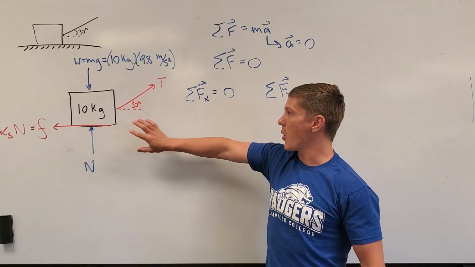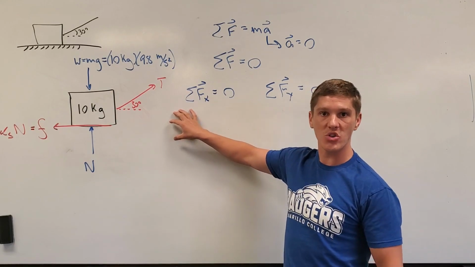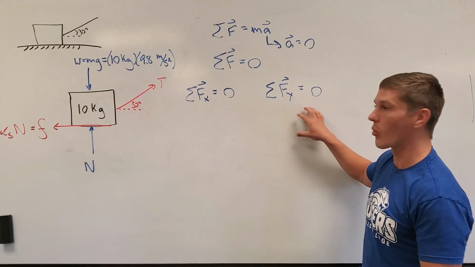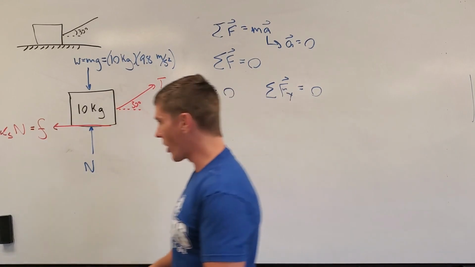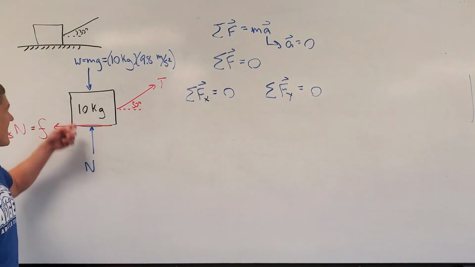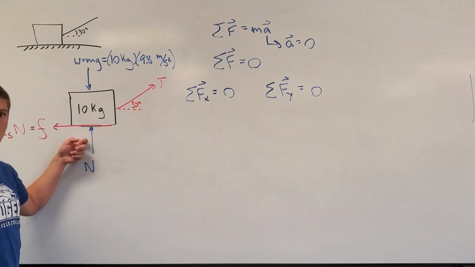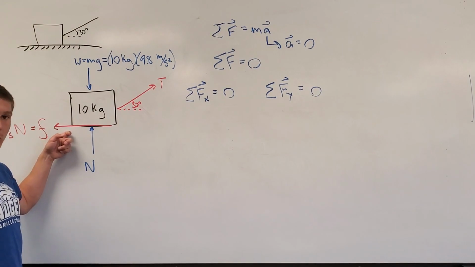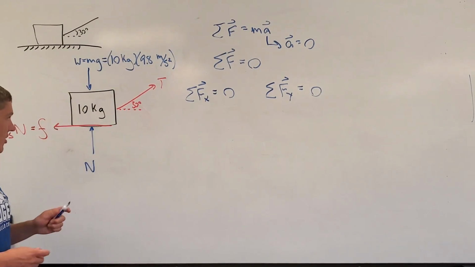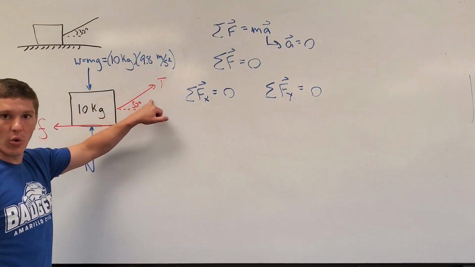But we have to consider what forces we have acting in the x direction and what forces we have acting in the y direction. So if we go back to our free body diagram, some of them are pretty easy. Our weight and our normal force are both acting only in the y direction. Our friction is acting only in the x direction. However, our tension is acting in both the x and the y direction.